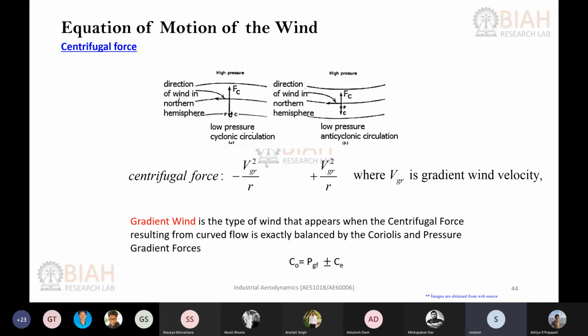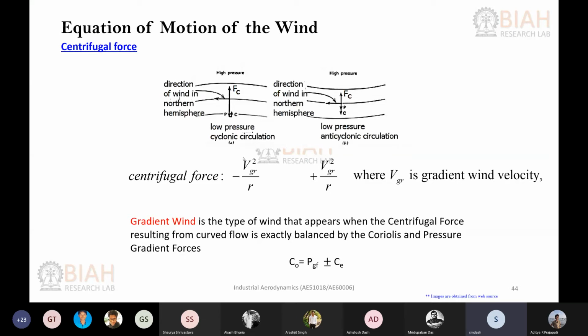We take the centrifugal force as negative if it is opposite to the pressure gradient force, and positive if it is parallel to the pressure gradient force. This is the sign convention we follow.